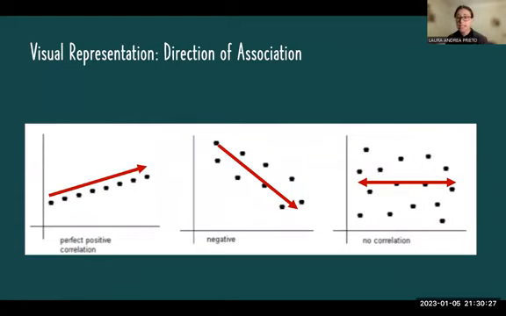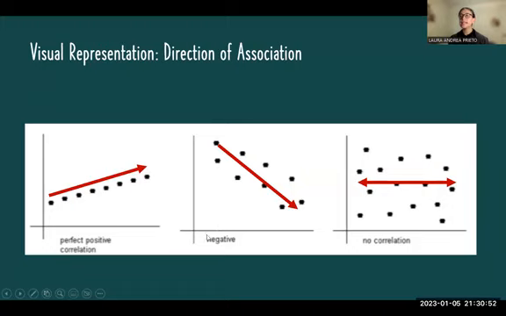Visual representations can also tell us about the direction of association. So when we're looking at something that may have no correlation or no relationship to one another, we can't fit a line to it necessarily. So I imagine that as a flat line. Now, it can also tell us negative. Another word for negative correlations can be indirect correlations.